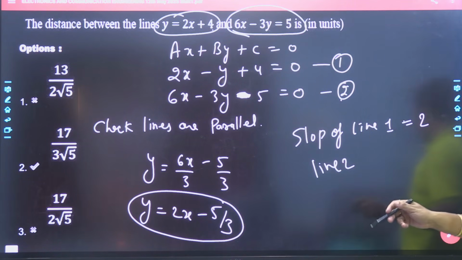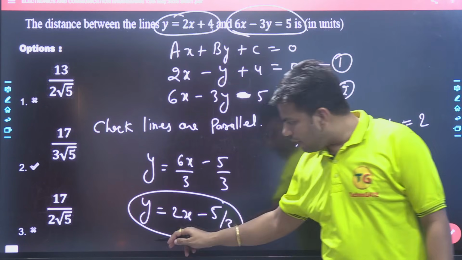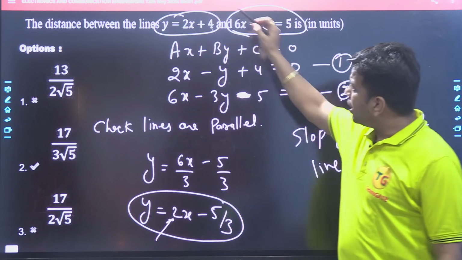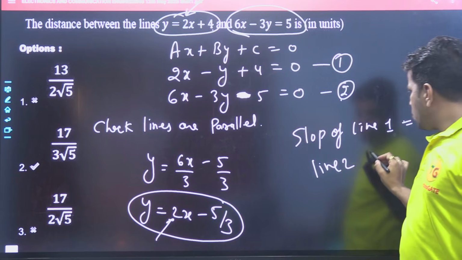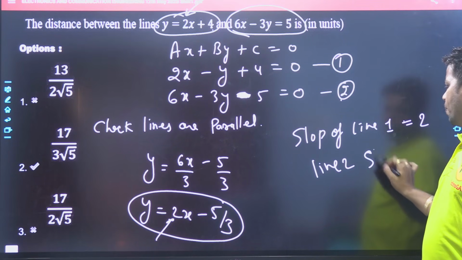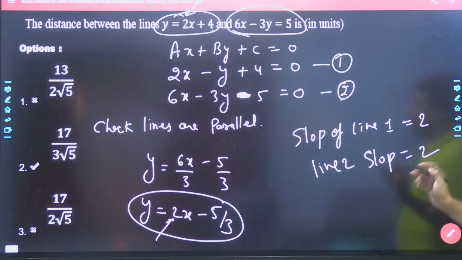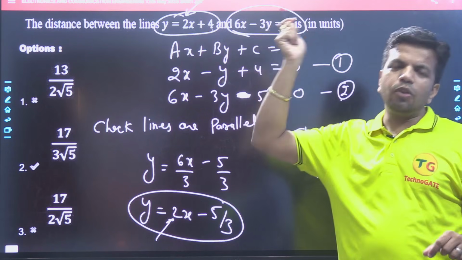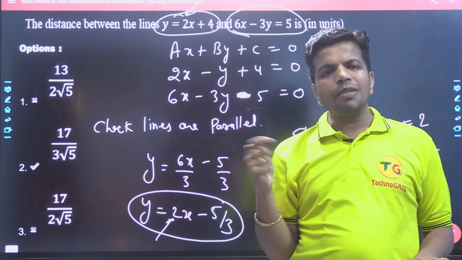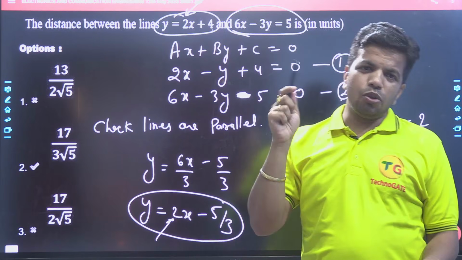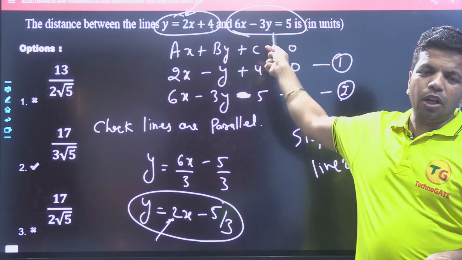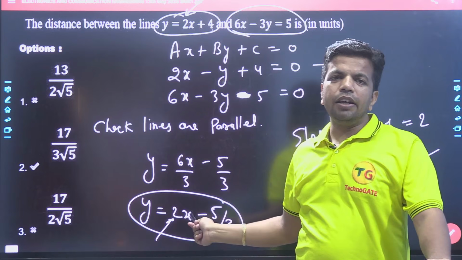So again, its slope is what? The value written with x. Here is also slope 2. So line 2 slope is also 2. Line 1 slope is directly given to us, that is y equals mx plus c, so m is the slope, so 2 is the slope. And in the form of y for line 2, again 2 is the slope.